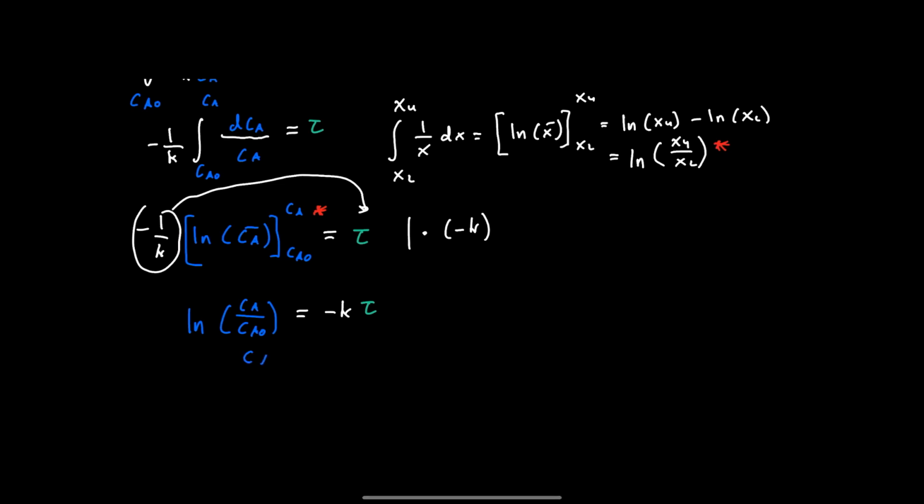So CA divided by CA0 is going to be equal to e elevated to negative k times tau. So our concentration exiting our plug flow reactor CA will result in CA0 times e elevated to negative k times tau.